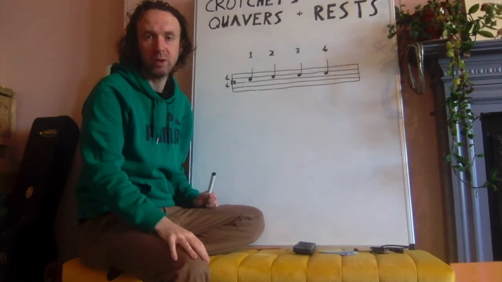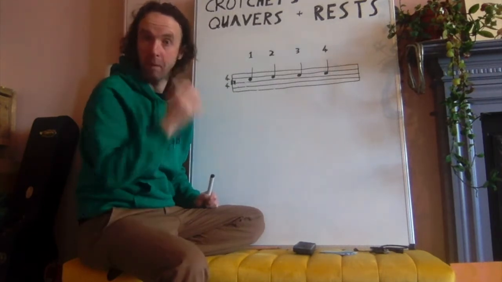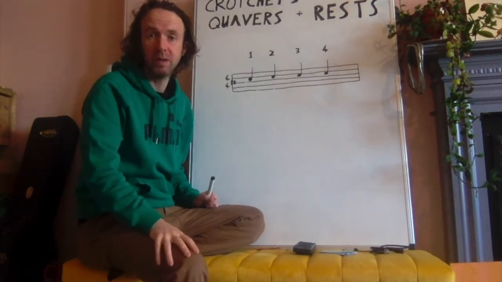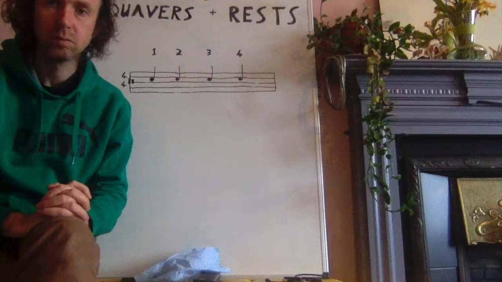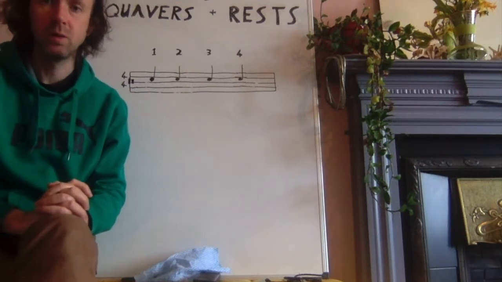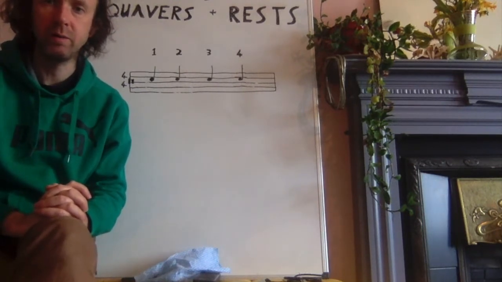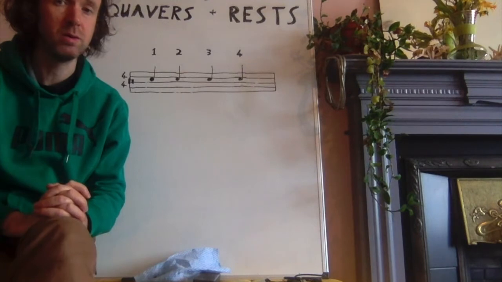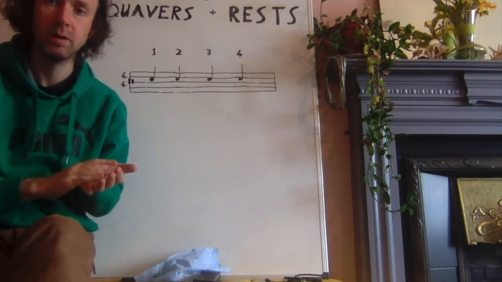So, one crotchet on every beat of the bar. All you need to know is the tempo, and then you can clap that. I've moved it a bit closer just so you can see it better. We'll clap it together after 4. 1, 2, 3, 4.